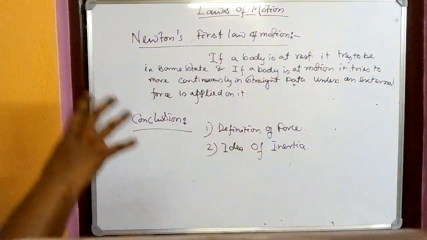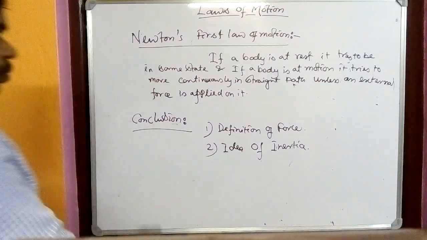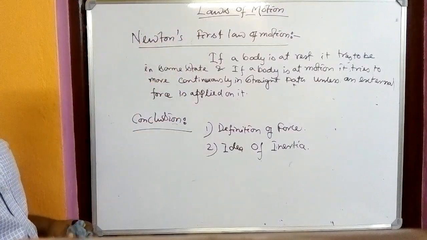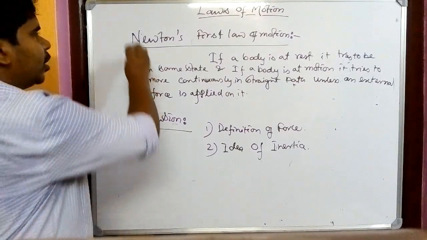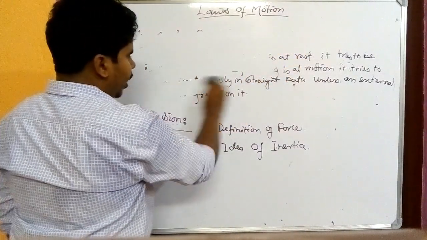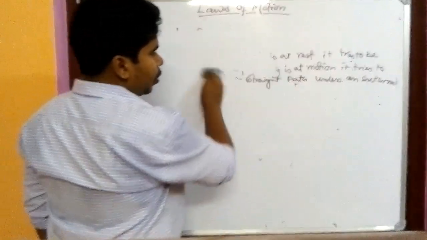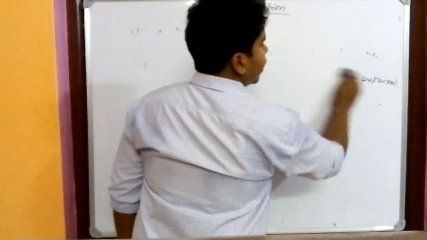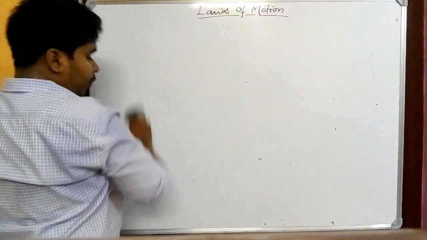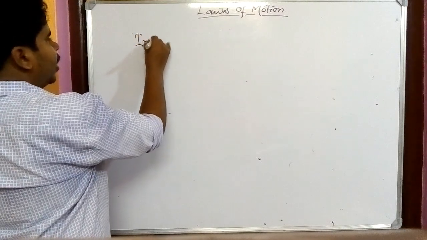Okay, next one is a very important thing, and for that I want to erase everything. That is inertia. What is inertia? That we have to explain. So, two conclusions from Newton's first law of motion. One, the definition of force, and second, the idea of inertia.